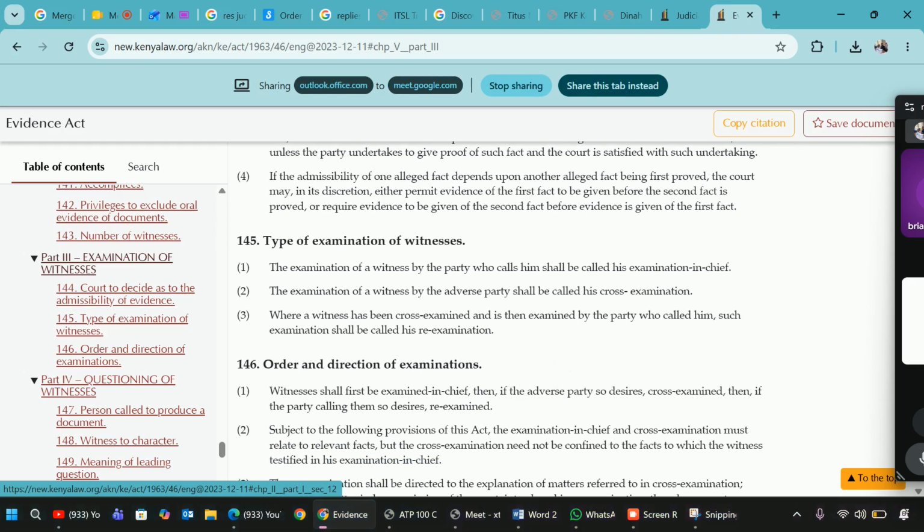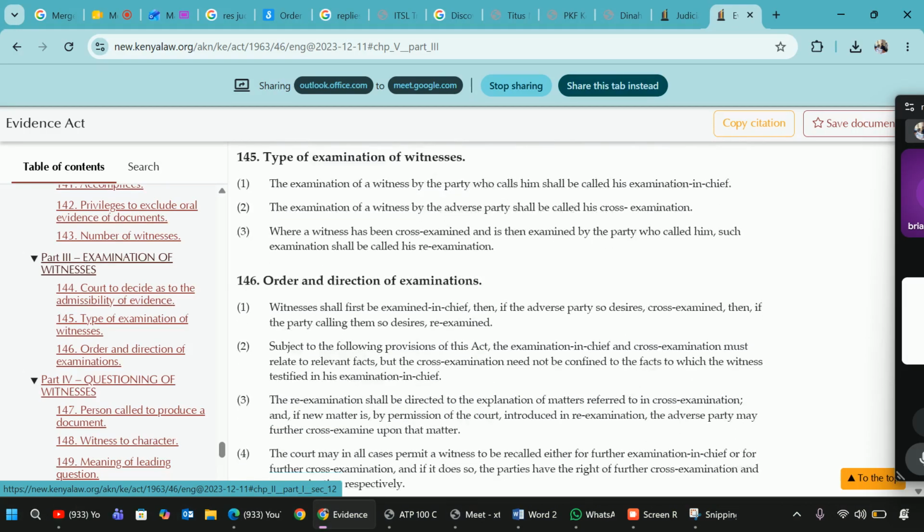So this is where we are interested. 1. The examination of a witness by the party who calls him shall be called his examination in chief. 2. The examination of a witness by the adverse party shall be called his cross-examination. 3. Where a witness has been cross-examined and is then examined by the party who called him, such examination shall be called his re-examination.